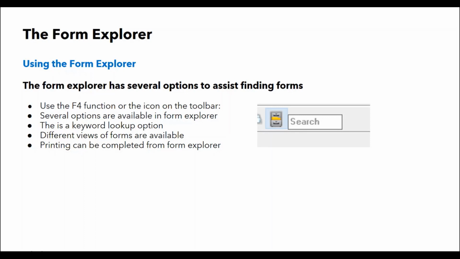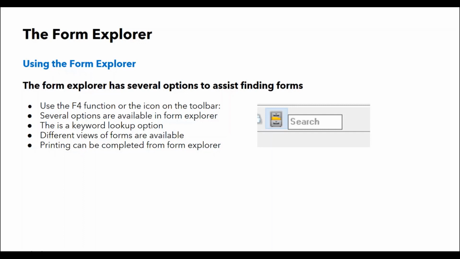So Form Explorer works in all the modules, T1, T2, FX, etc. You saw me using the search bar at the top, the search bar in the top toolbar here. It's great if you know what form you need. You can quickly type in T4 summary, T4 details, etc., and the form will populate or pull up, and makes it a little bit easier.